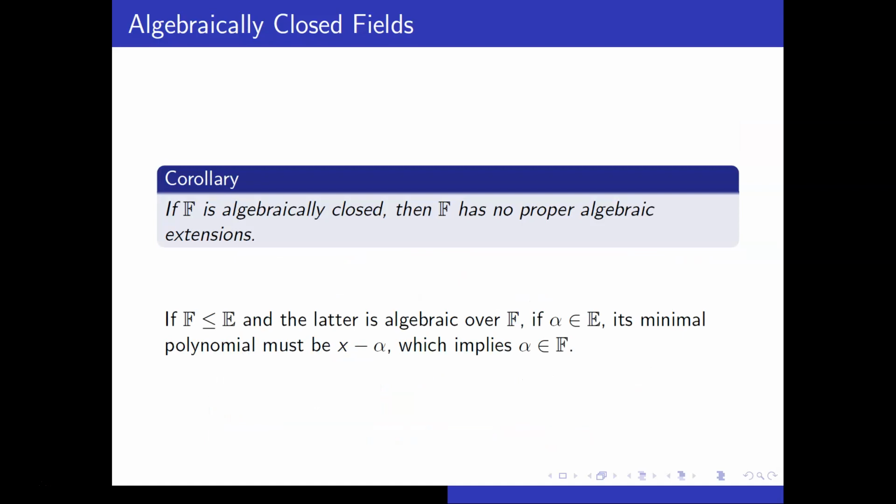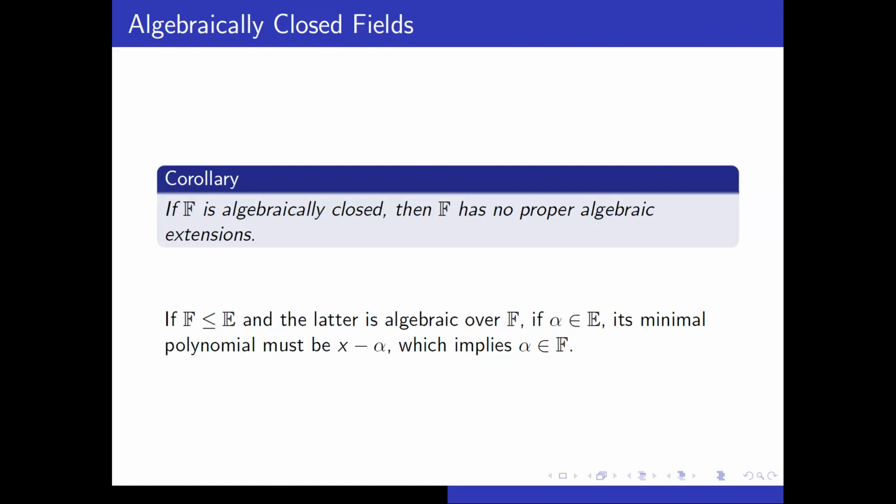A corollary of that is that if you have something that is algebraically closed, it has no proper algebraic extensions. You can't find something larger than it that is algebraic. The proof of that is, again, reasonably straightforward. If I take something in E that is algebraic over F, it has a minimal polynomial.